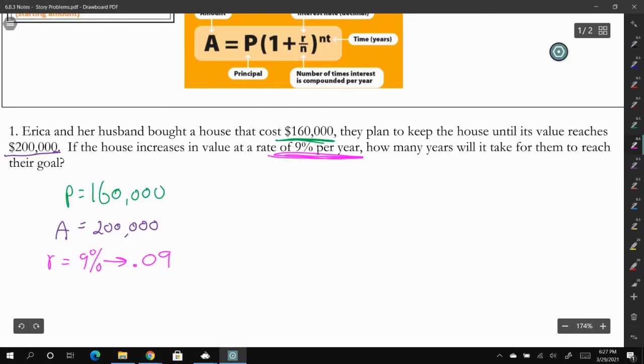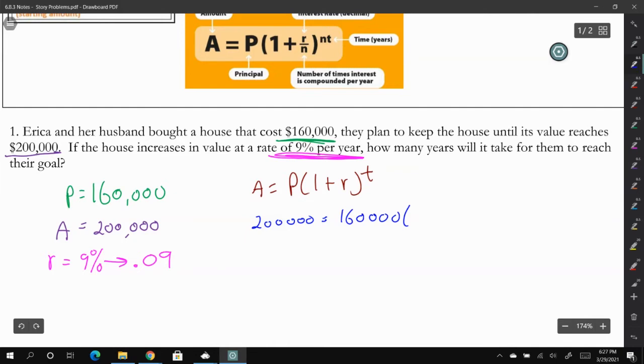Okay, so our formula that we use was that, and we need to plug in our numbers. So 200,000 for A equals 160,000 times 1 plus 0.09 raised to the t power. So we need to get t by itself.